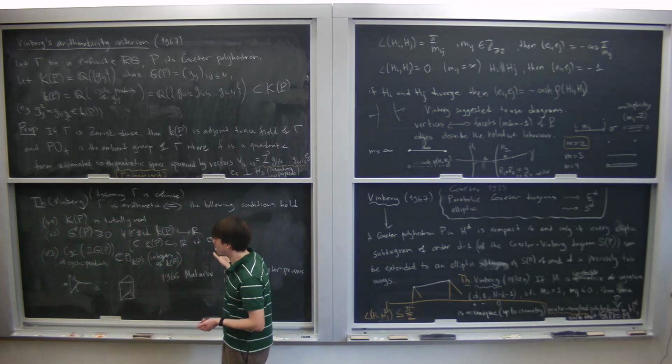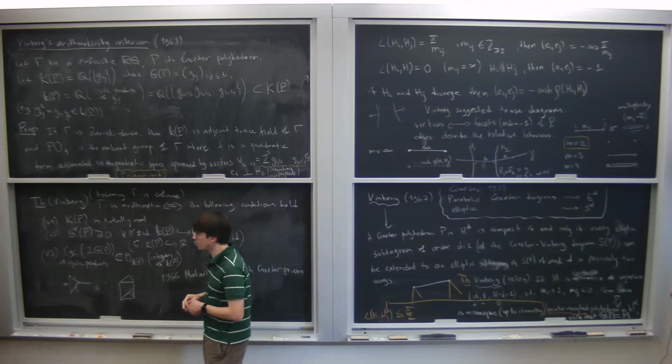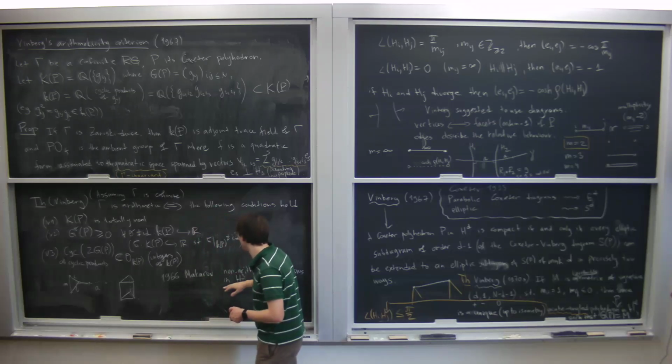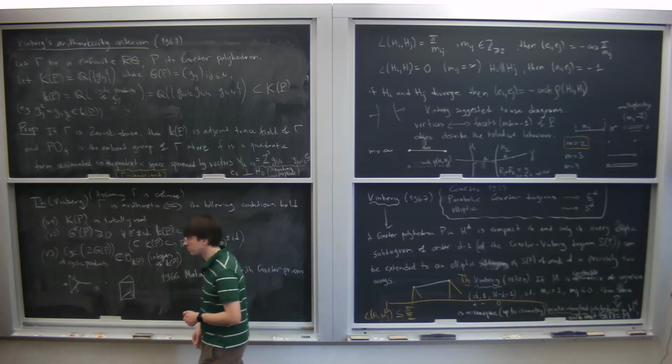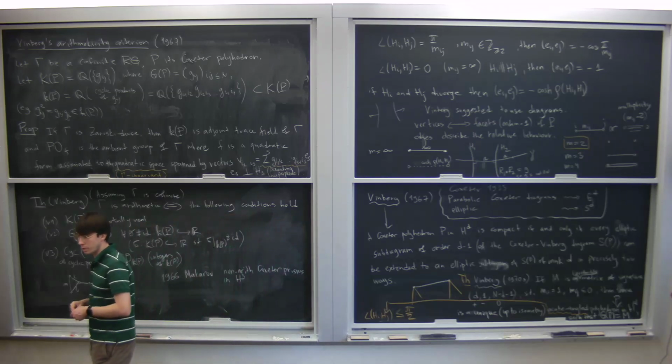So in fact, for reflection groups, after inventing this theory, it became clear that non-arithmetic examples exist not only in H3 but also in H4, H5, and until some relatively small dimension actually.